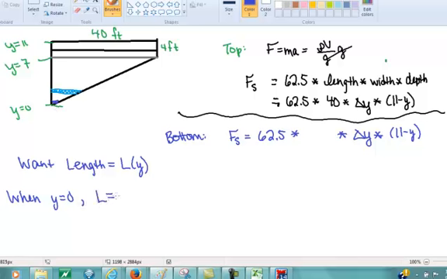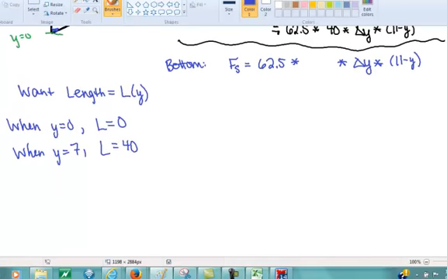So when y equals 0, L equals 0. And once we get up to y equals 7, now I've reached this point where the length is 40. And so I can find the slope of that line. So 40 minus 0 over 7 minus 0. So 40 over 7.